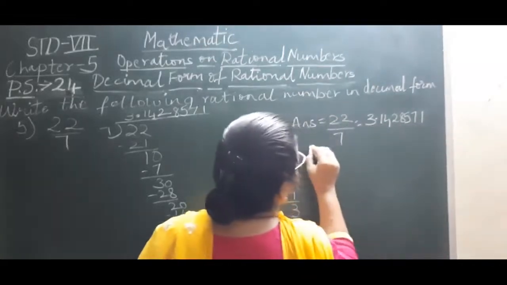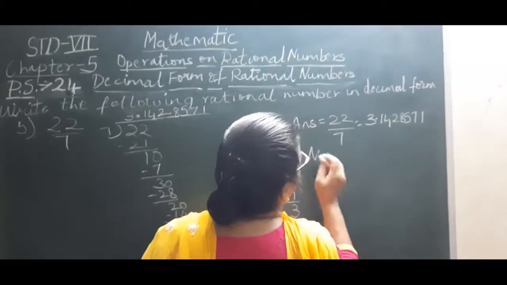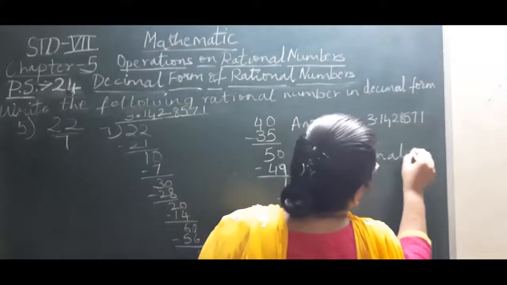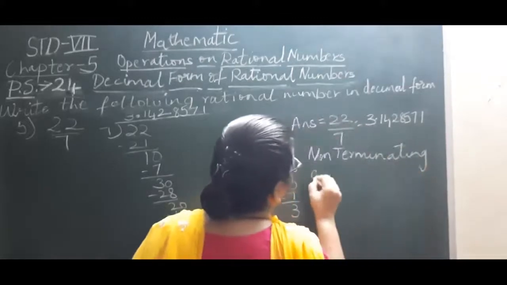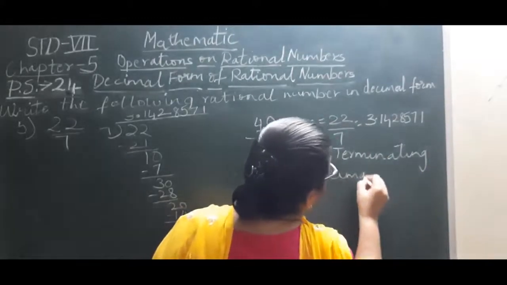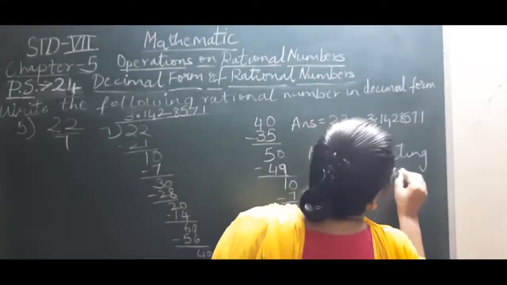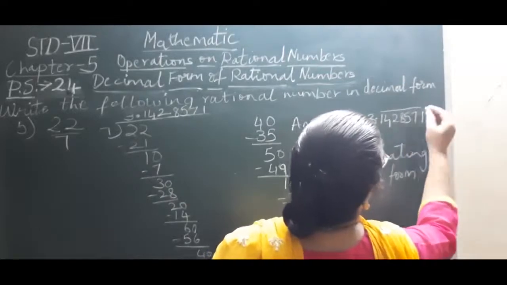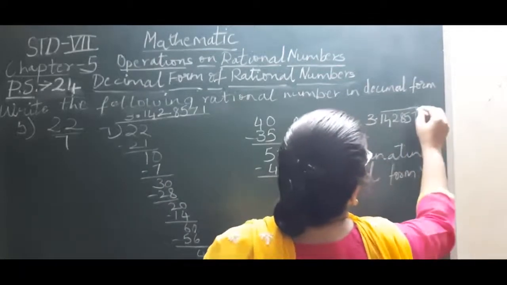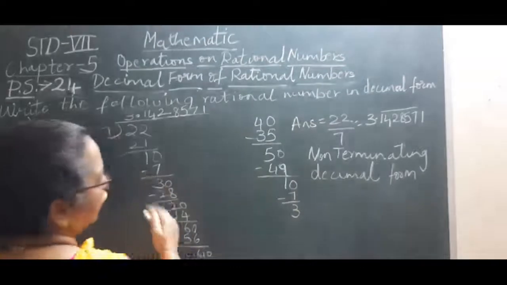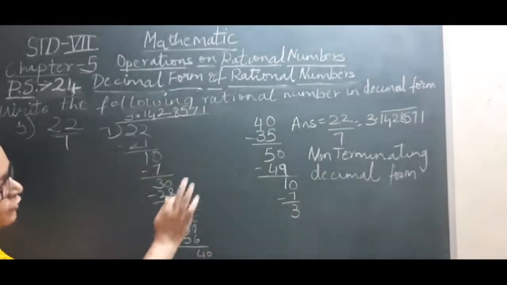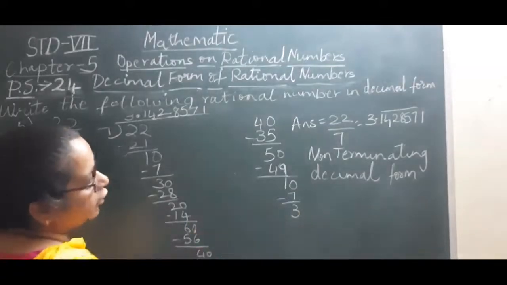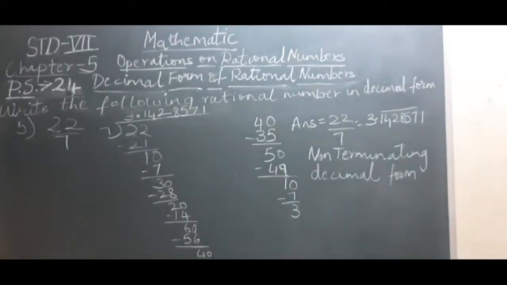So we can call it as non-terminating decimal form, and we can give a bar on all of this, leaving this till here, till 7. Have you all understood? It is very easy. You have just to divide and tell whether it is a terminating or non-terminating decimal form.